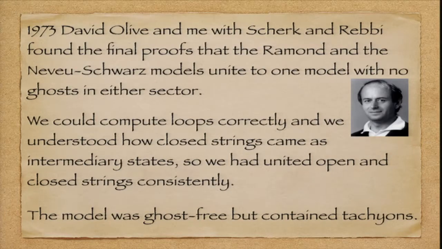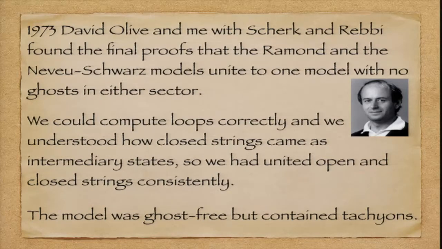And the technique we used was a technique that Feynman had used once he quantized Yang-Mills theory in 1963, namely something called the Feynman tree theorem, which is a beautiful technique by which, by knowing the physical states and the tree diagrams, you can construct loops.